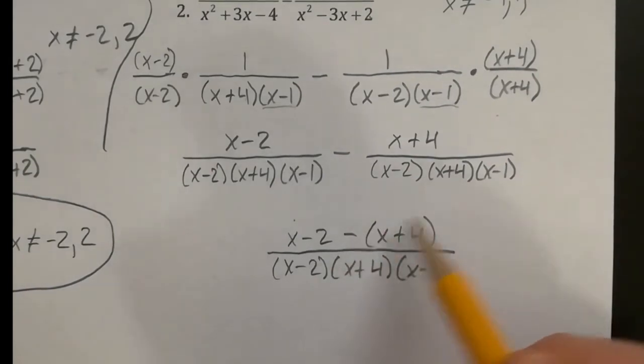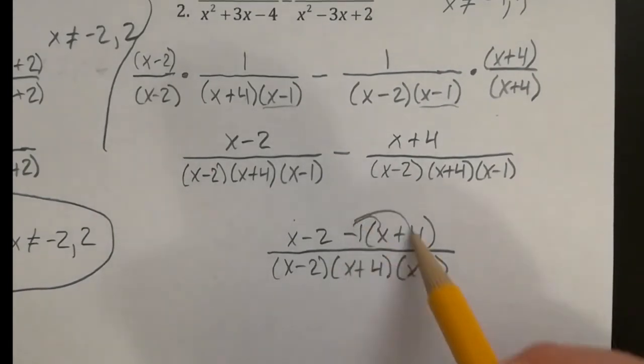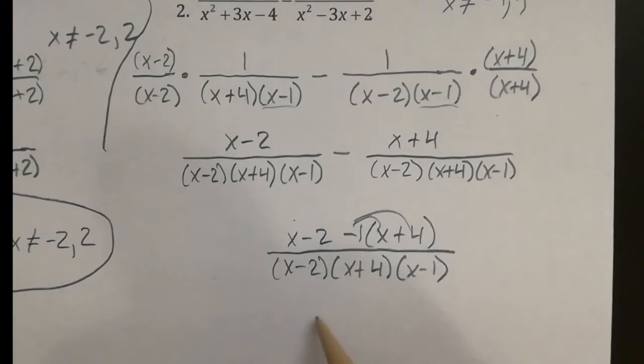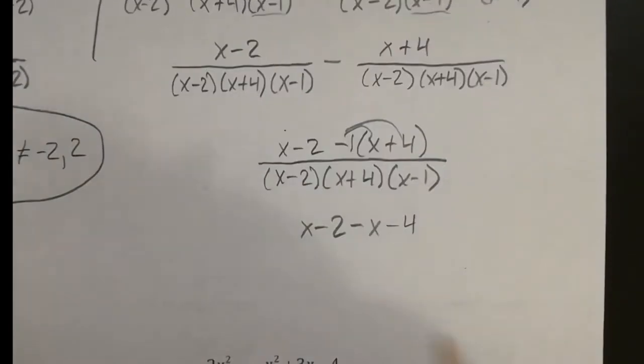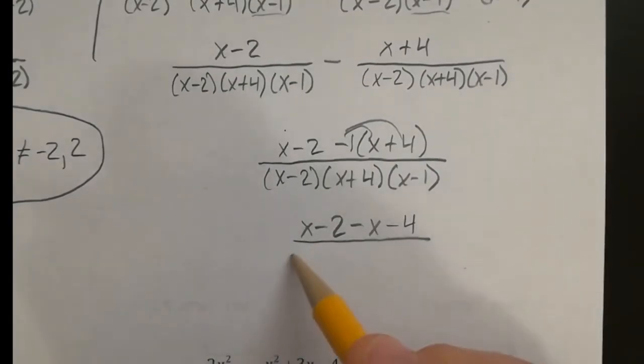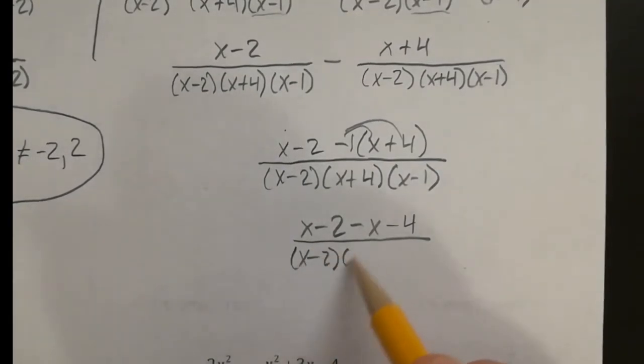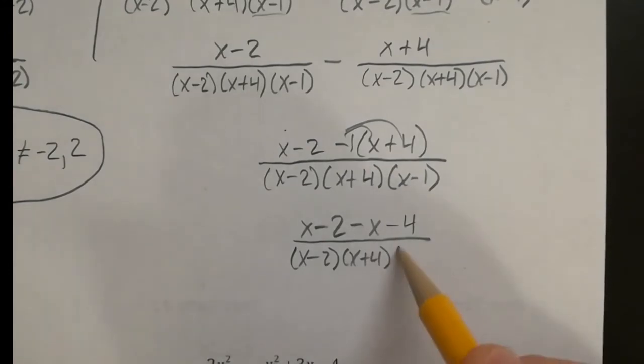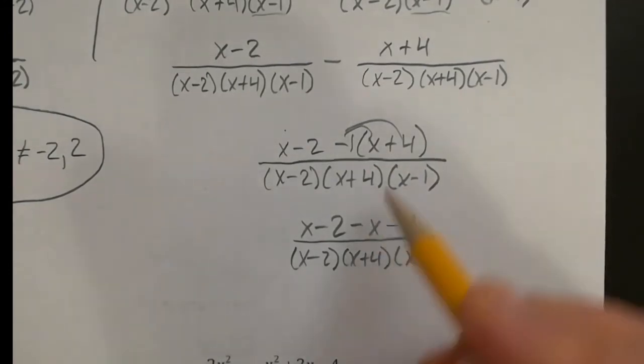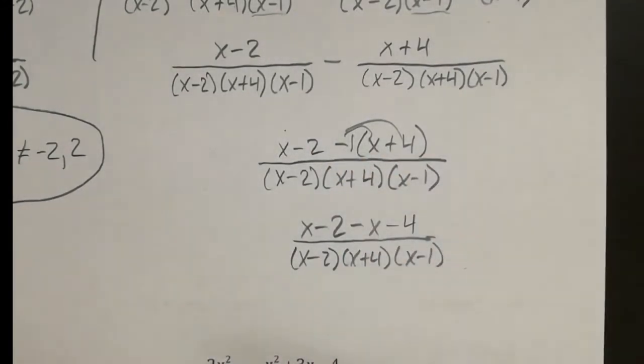So I'm going to distribute the minus, or if you think of it as distributing a -1, it doesn't matter. So we'll get x minus 2 minus 1x, or just minus x, and then we'll have -4. I guess I'll rewrite the whole thing out again since we're doing notes here. Now, if I was doing this myself, I might just, off to the side, simplify this and then write my final answer.